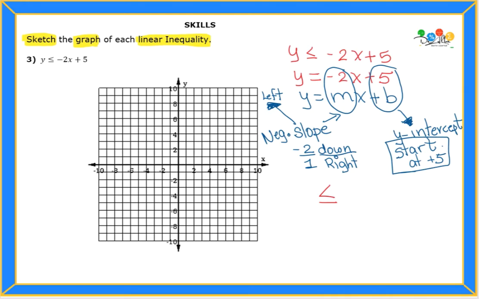According to my information, I'm supposed to start at positive 5. So let's find where the y-axis is, and it's right there. Now I need to find the positive 5, which is right here. That's my y-intercept. Now I am going to follow the slope, which is 2 down and 1 to the right.